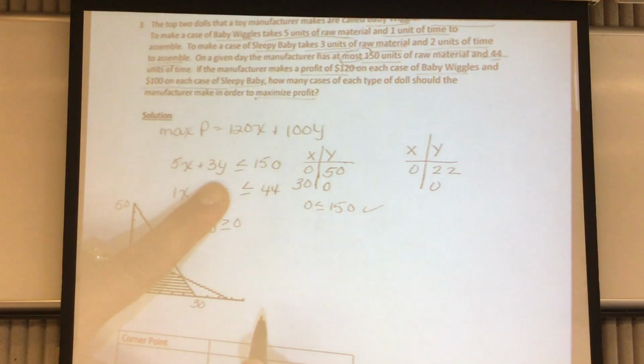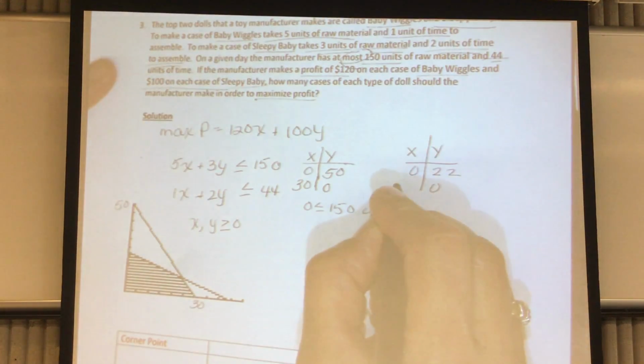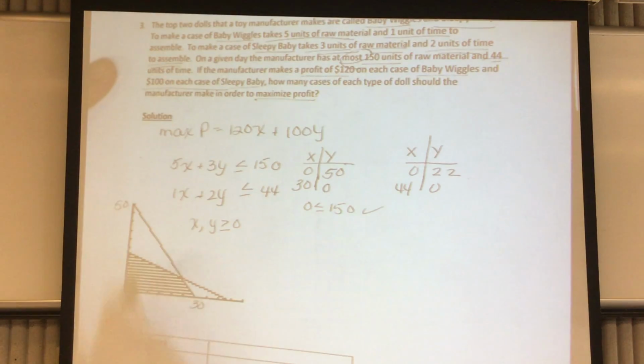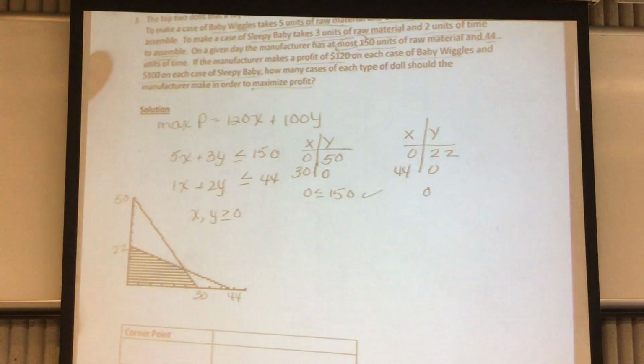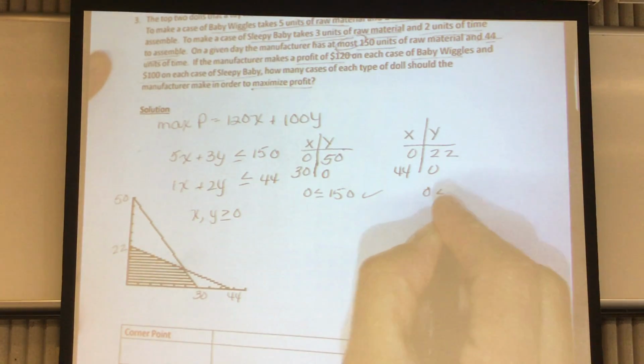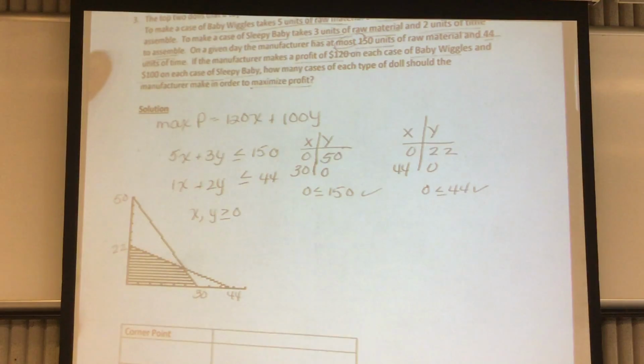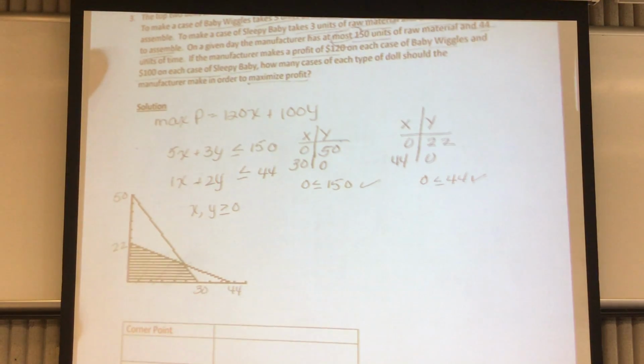And then when Y is equal to 0, you have X is 44. So here you have Y is 22, X is 44. And substituting 0 into X and 0 into Y, you have 0 is less than 44, which is true. So we are shading below.